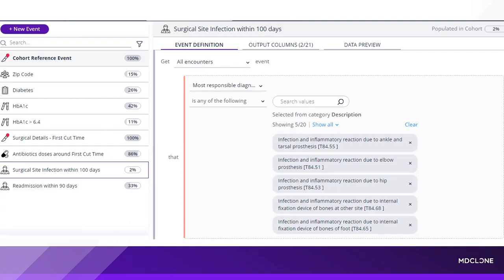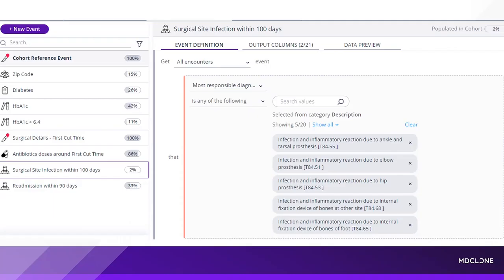And most of these are variables that health systems are studying now. I think the fact that our platform can build this type of study in a very short amount of time is very unique. And to talk a little bit more about time relationships, as you scroll down the left side and we start to look at things like surgical details and knowing when the first cut time was. And maybe we want to study how many antibiotic doses were given around that exact cut time to make sure that there was 3 given and not more and not less.